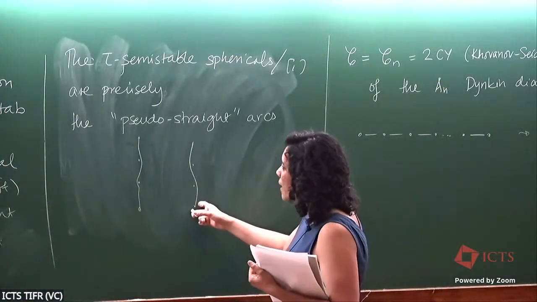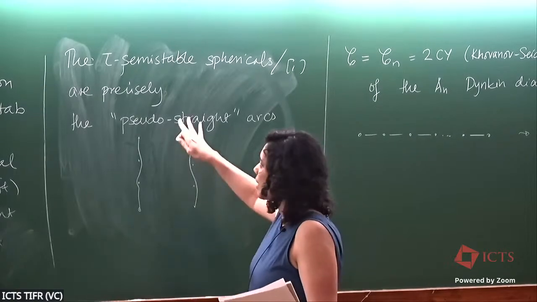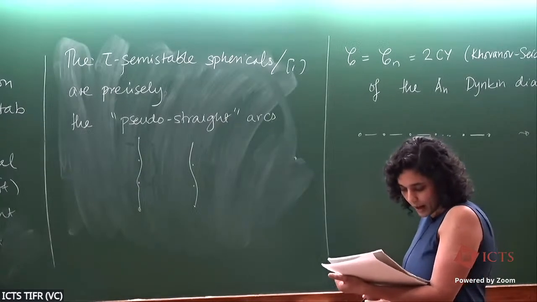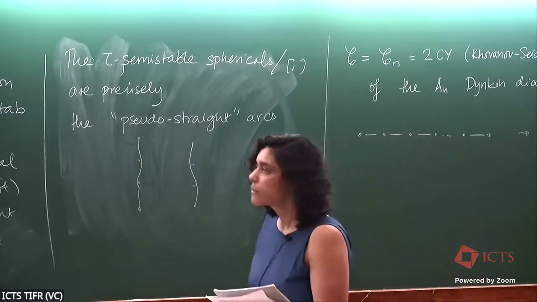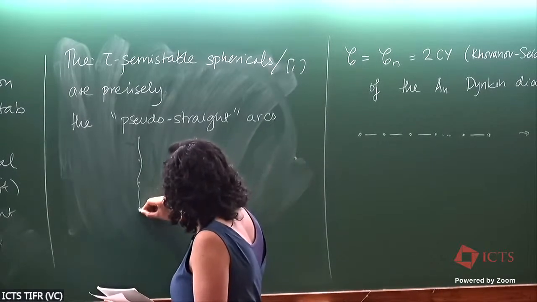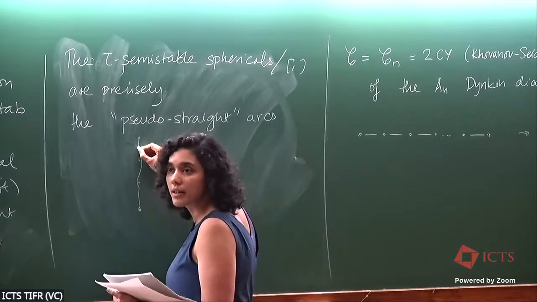So the generic situation is when everything is non-collinear. If you have collinearities, you can have semi-stable objects which are not stable, and these are exactly the ones. Yes, it's what is drawn in the picture. So they are almost straight, but they're not allowed to be straight because they would hit other points.